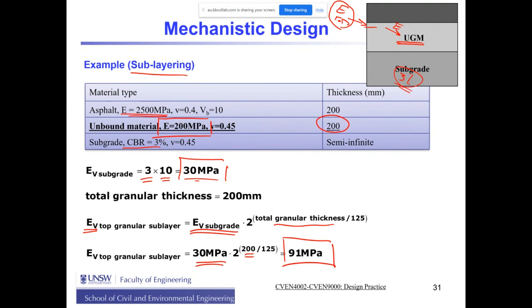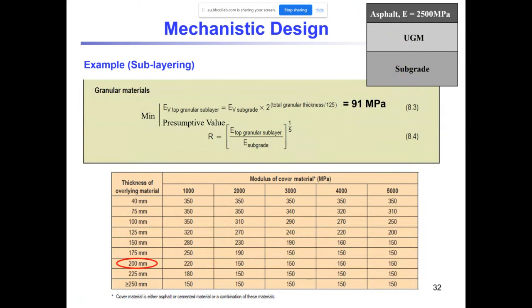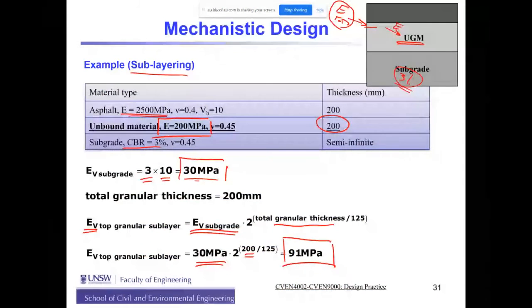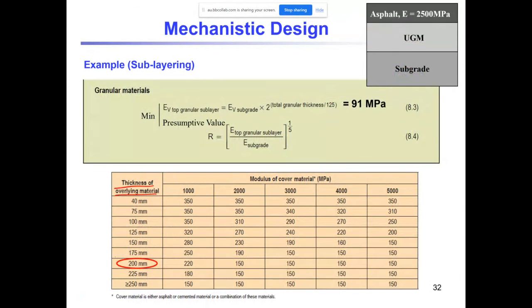There is also one table in Austroads that we need to check to see what is the presumptive value for this material. It asks what is the thickness of the overlying material in this table? The thickness of the overlying material is 200, so I consider 200. It also asks what is the modulus of the cover material.